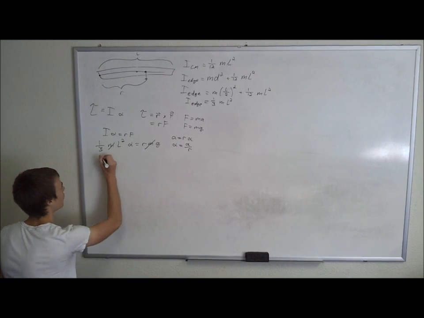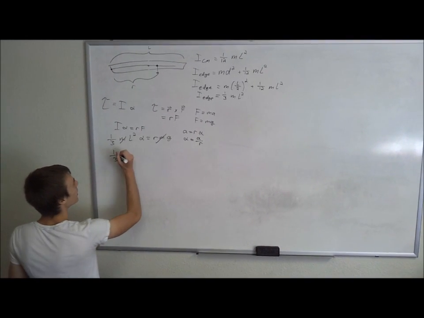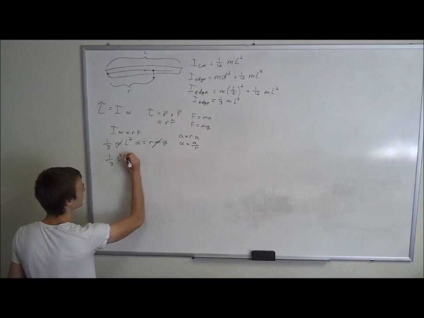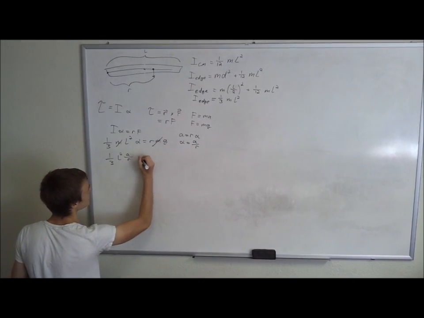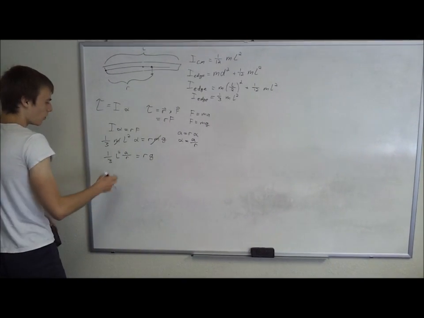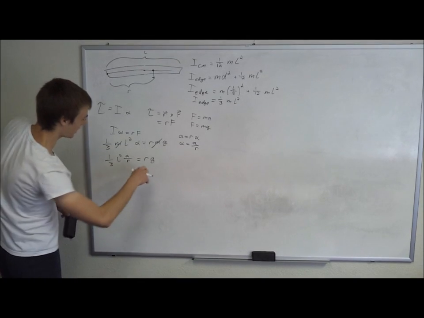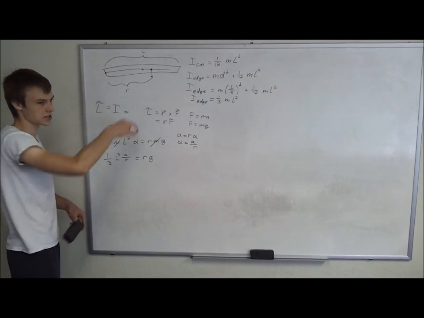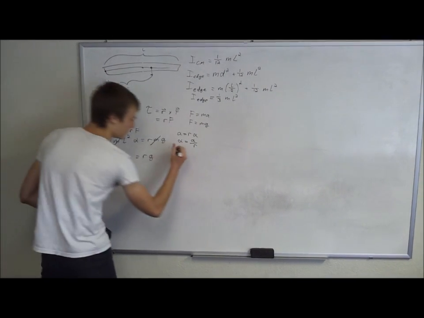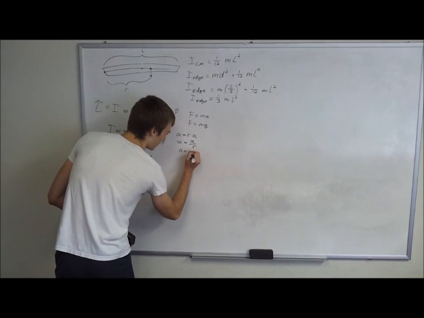So now we have 1/3 times the length squared times the linear acceleration over our distance is equal to our distance times gravity. What we also know is that we want to find the point at which our linear acceleration is equal to gravity. So instead of linear acceleration, we plug in g for that value.